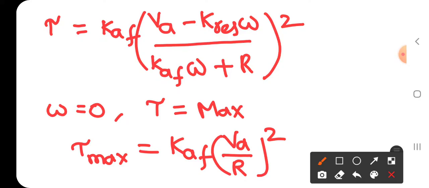Now we have already derived the expression for V_A in the previous class. V_A is equal to 2 V_m by pi into cos alpha.